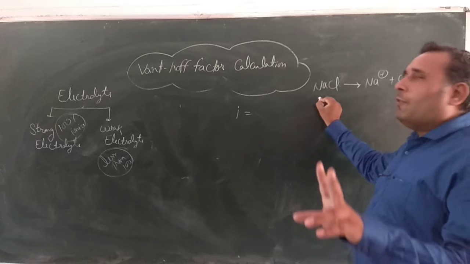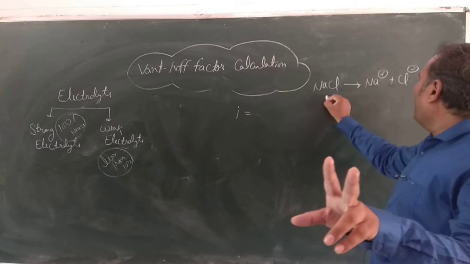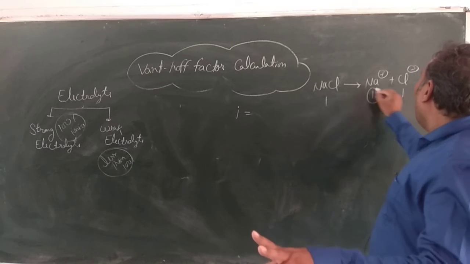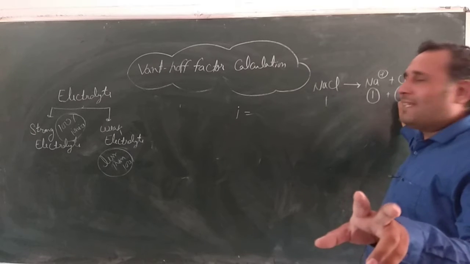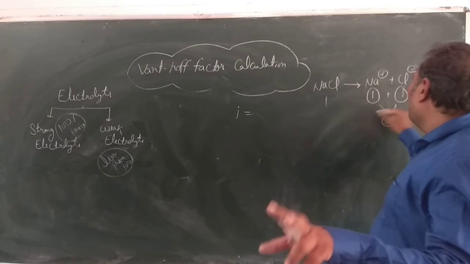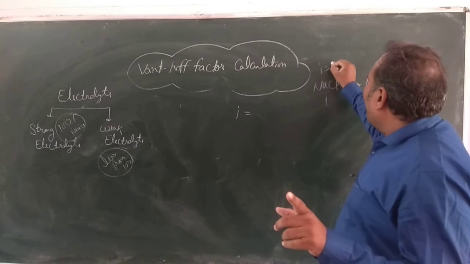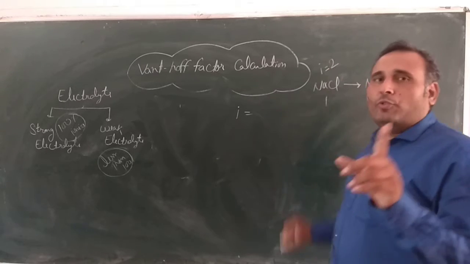So 1 mole of NaCl gives 1 mole of Na plus and 1 mole of Cl minus ion, meaning total 2 moles of particles are generated. Clear? So Vant factor for NaCl is equal to 2.